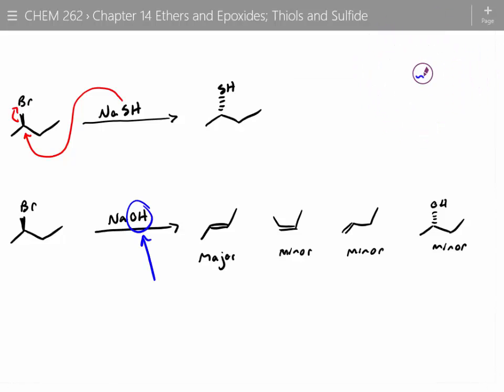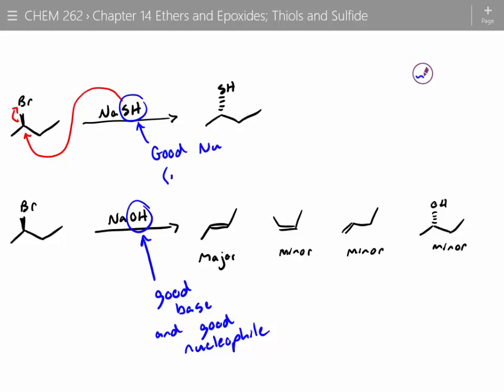If we look at this, this is a good base and good nucleophile. If we look at thiols, they're really just good nucleophiles. They're not a great base.